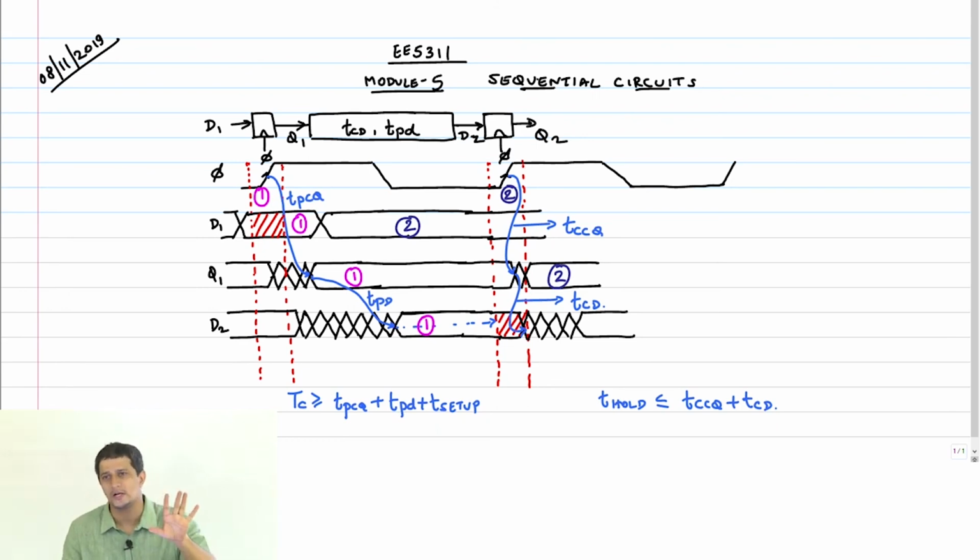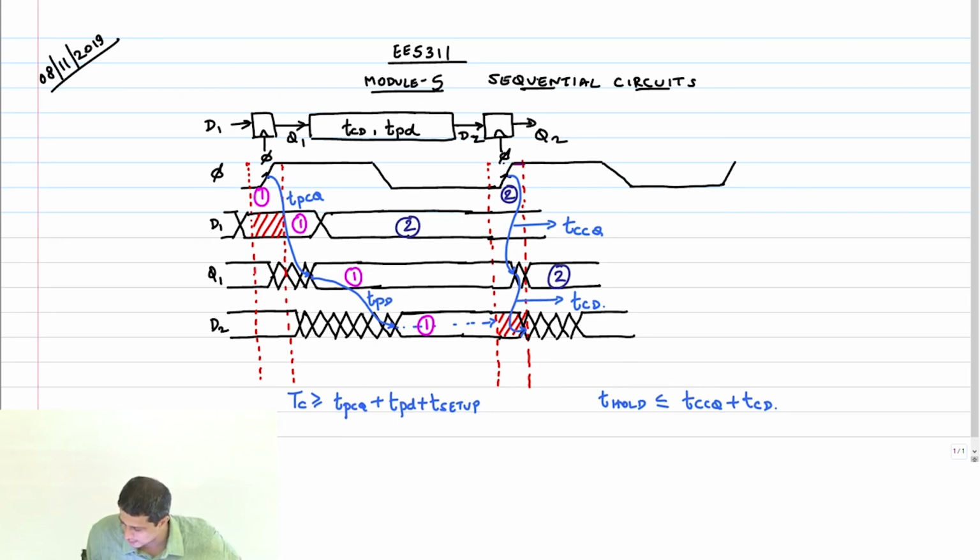That's a random event where one edge can just move like this. Here the whole clock, because of the delay difference in the clock distribution network, shifts. That is skew.